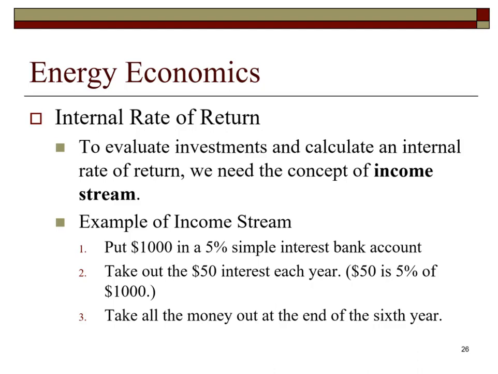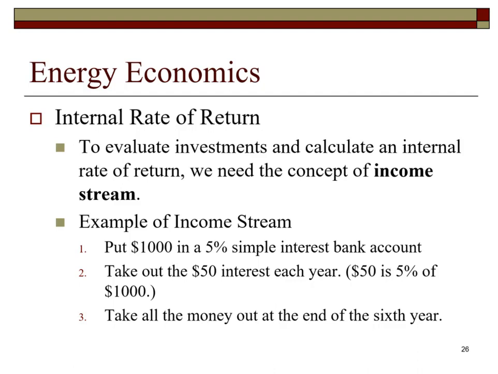The next few slides give us an example of the use of internal rate of return. We will look at investing $1,000 in the bank at an interest rate of 5% for 6 years. We will compare this to investing $1,000 into a piece of equipment and receiving $200 per year income.